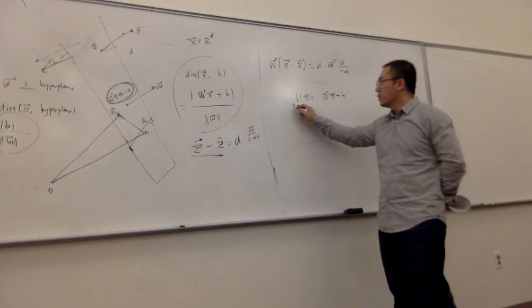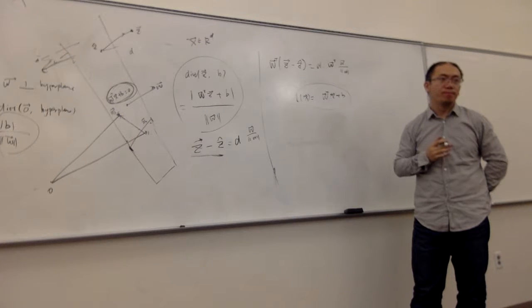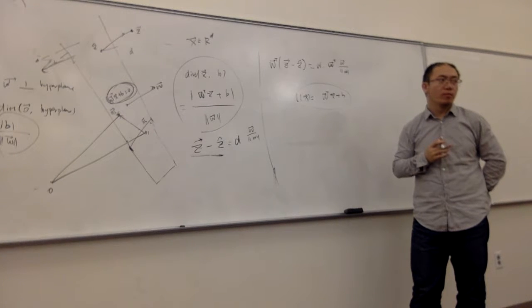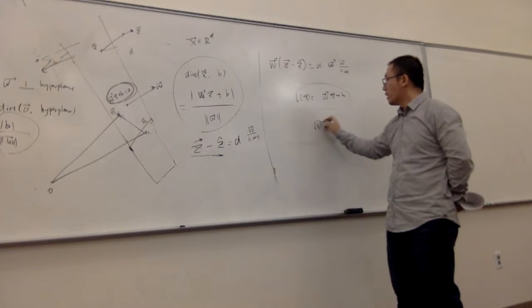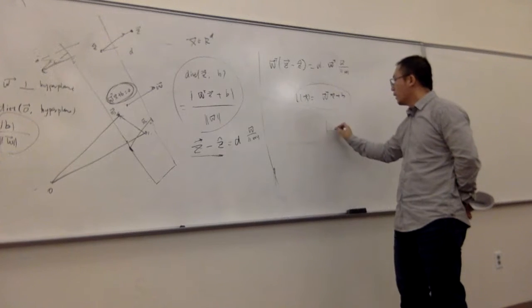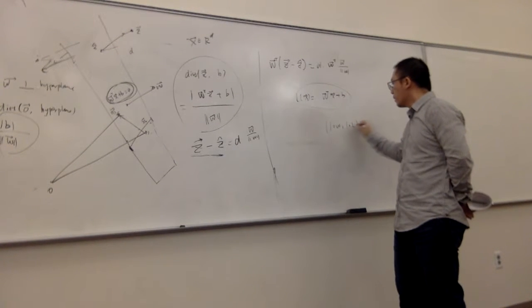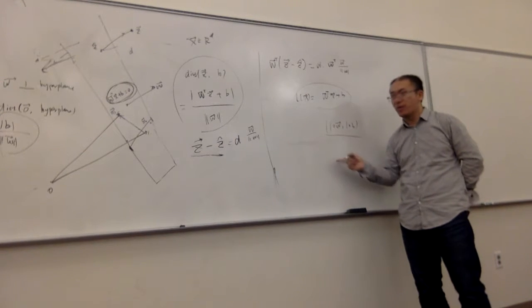What will happen for our linear classifier? If I use 10W and 10B to construct a new classifier, what's the difference between this new classifier and the old classifier?